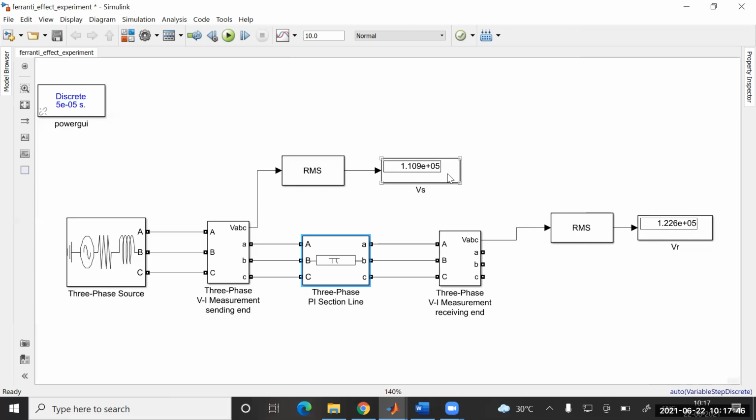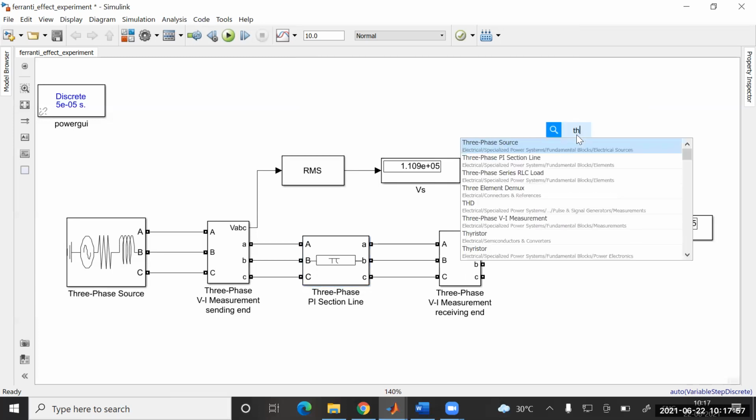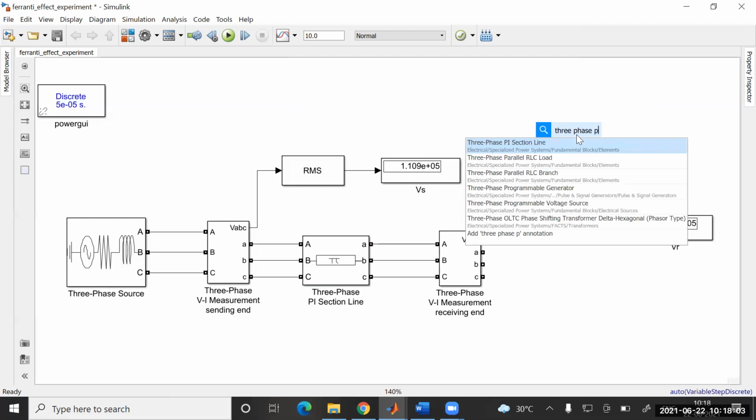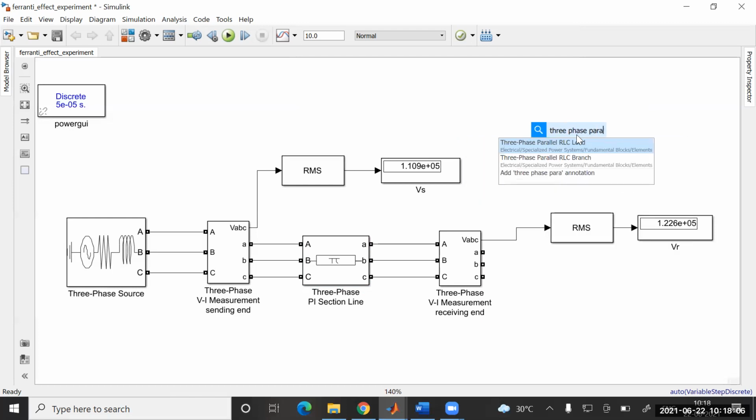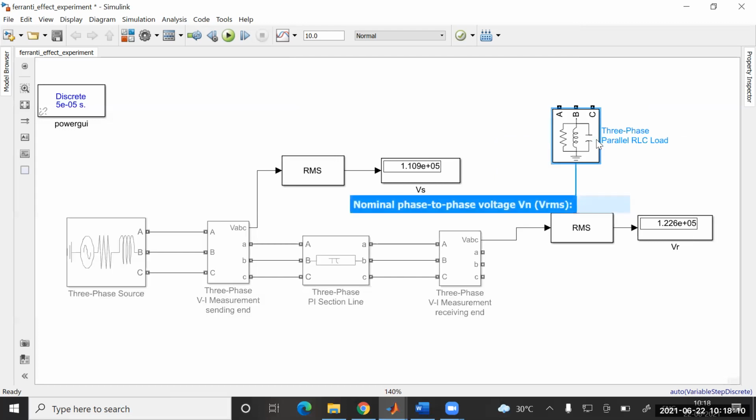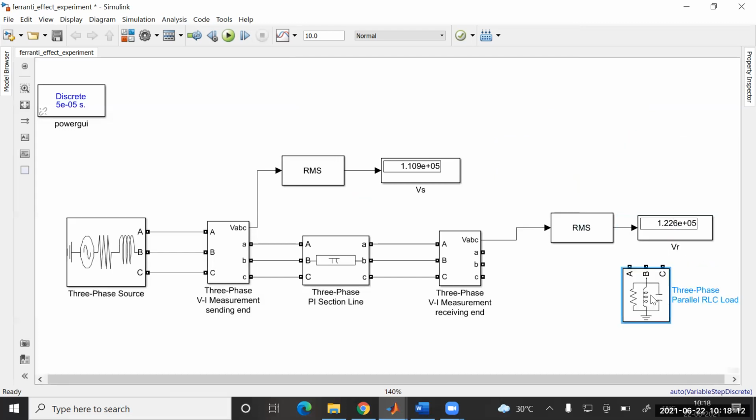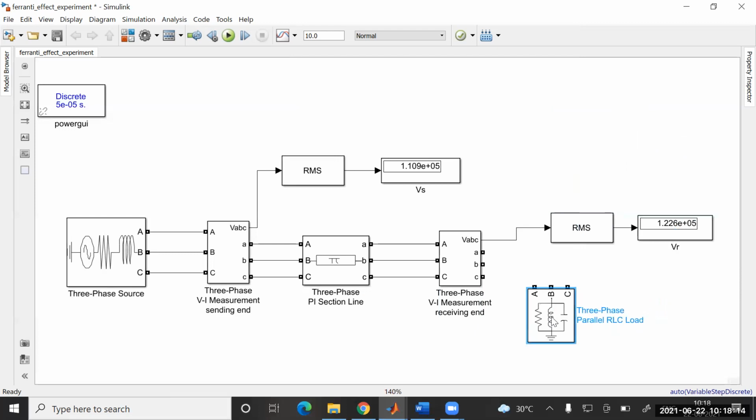Now we'll add another factor, that is your load, which will be lightly loaded. Now we'll add a three-phase parallel RC load. We'll try to add this.